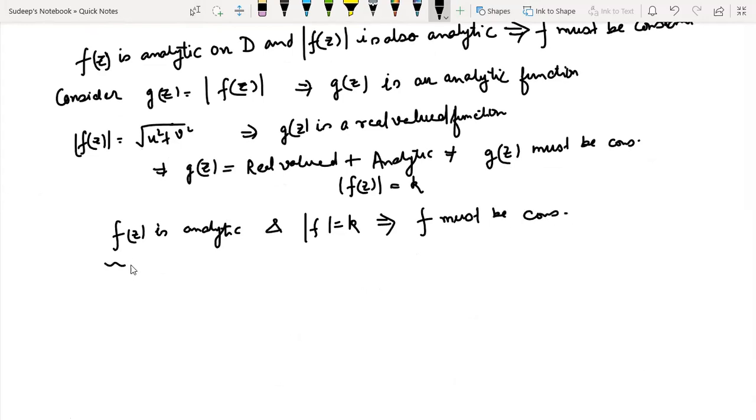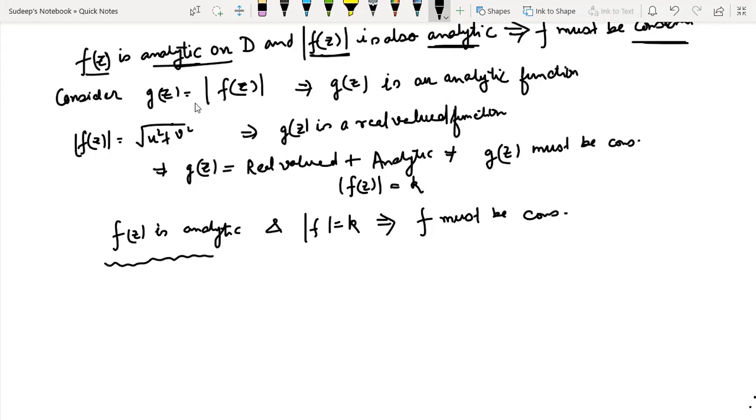So if I'm saying that mod f(z) is analytic, it itself implies that f must be a constant, on domain D.